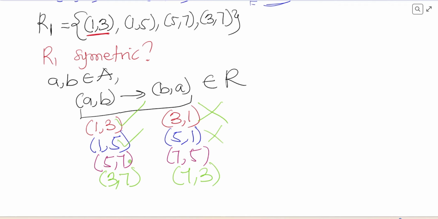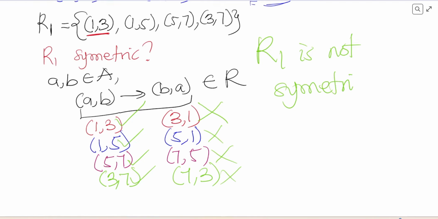As well, we have (5, 7), but we don't have (7, 5). We have (3, 7), but we don't have (7, 3). So it means that R1 is not symmetric. Let's take one example.